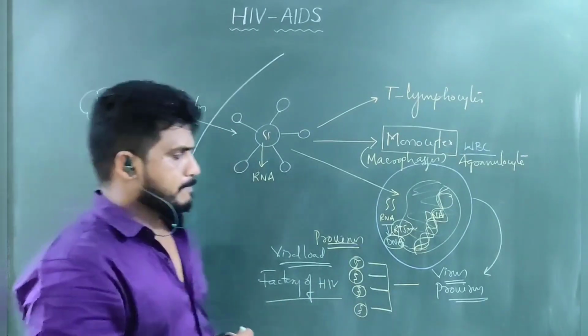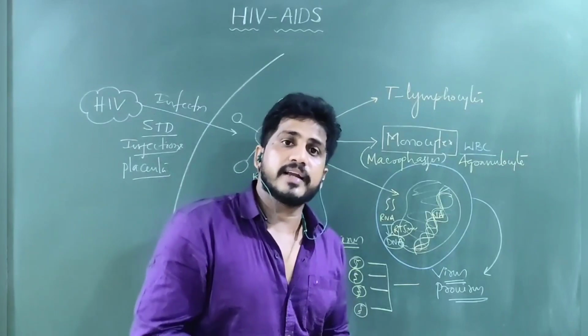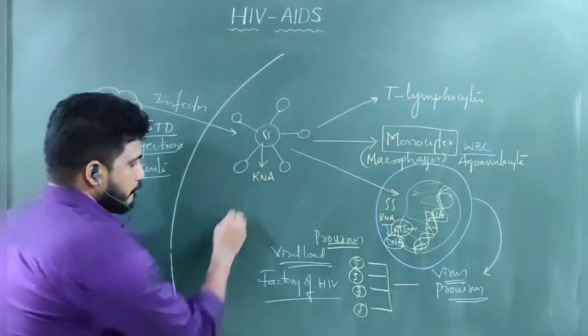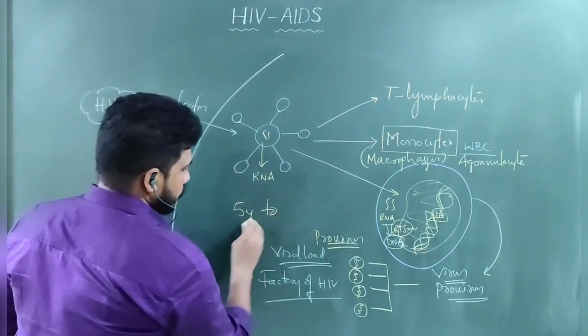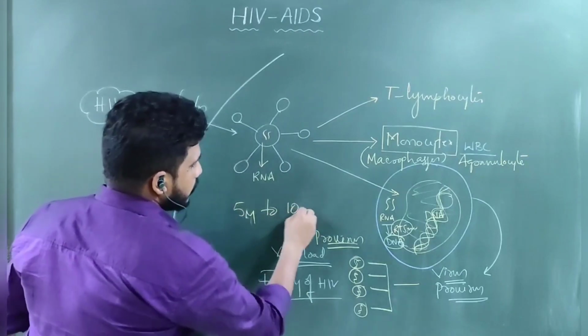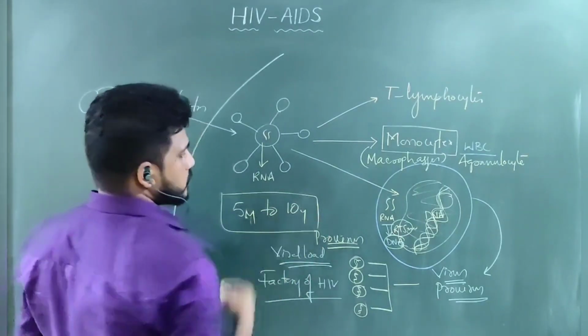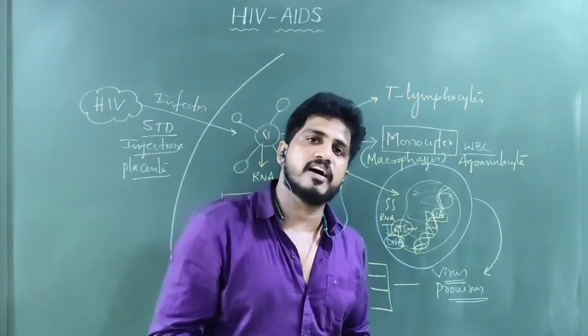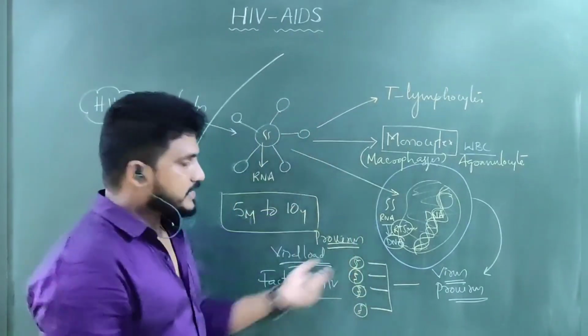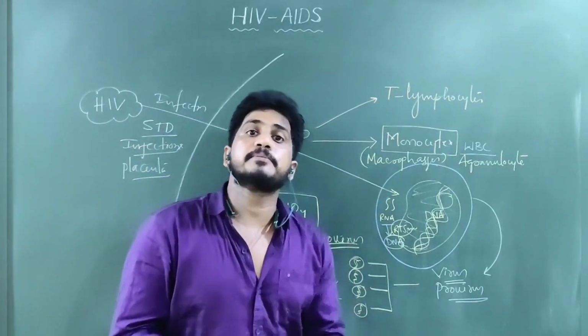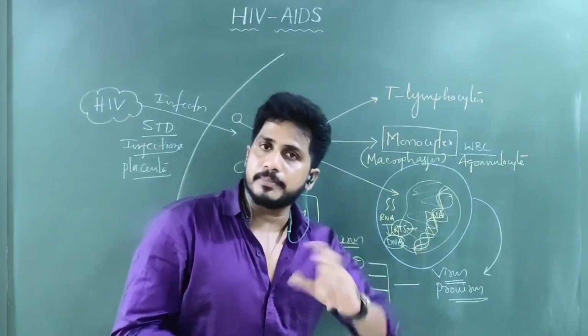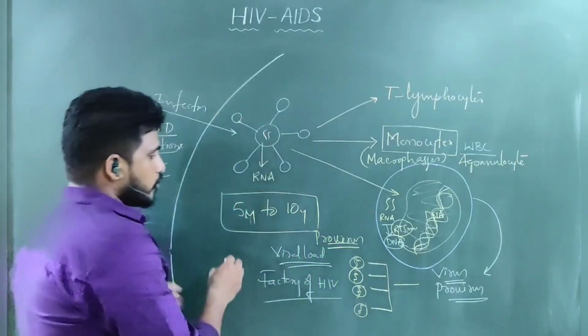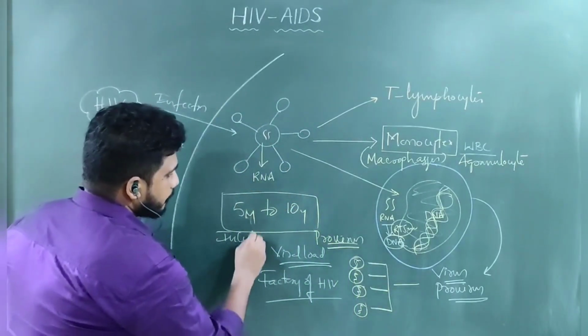For this, a person requires 5 months to 10 years of time. Not so simply, not the next day or next week or next month. During this stage, a person cannot show symptoms. That's why it is called the asymptomatic period. It is also called the incubation period.